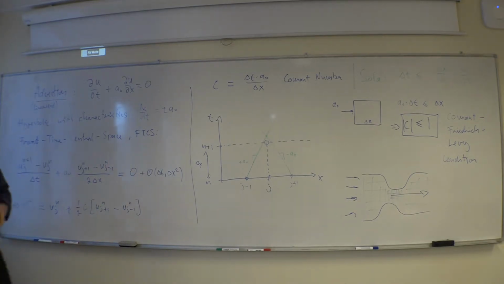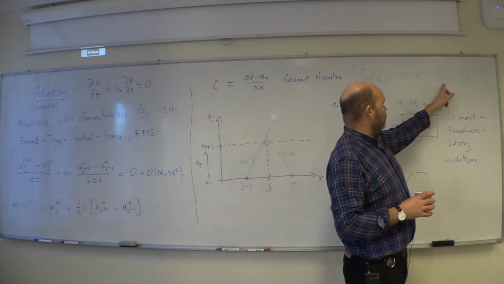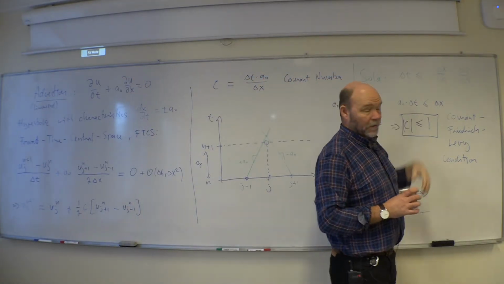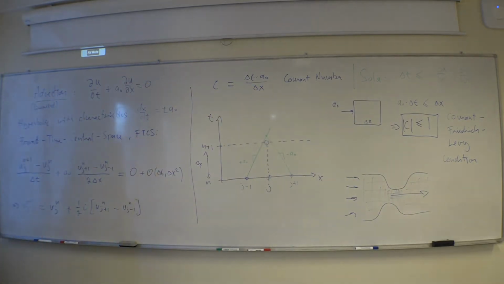But I think I only used the reference velocity, and then you see it's only delta x. But that's what it should have read if it had been more accurate. Okay. Any questions to this one?